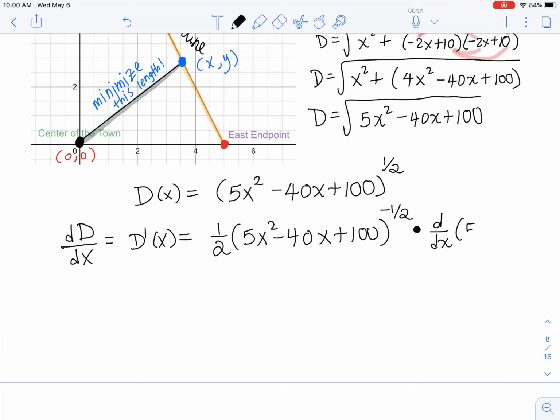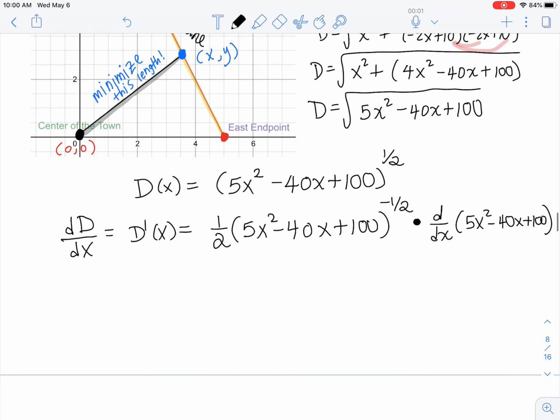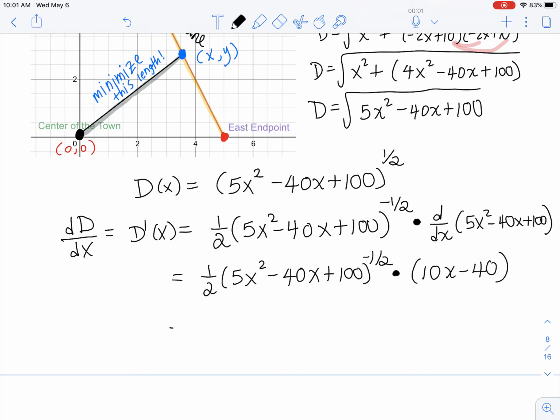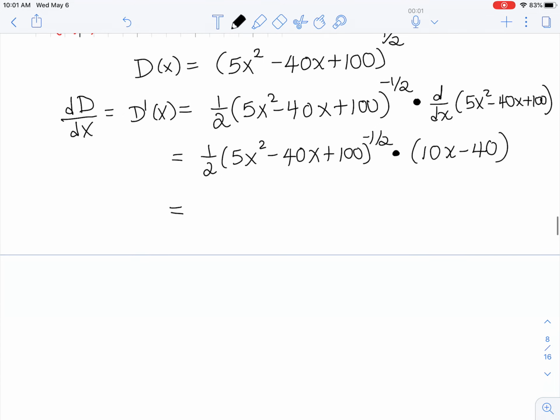We need to multiply this by the derivative of the inside part. And I know you can do that in your head. And I'm just going to go ahead and write down my plan. My plan is to multiply this by the derivative of the inside part. So let me just copy down this. And then the derivative of the inside part is 10x minus 40, right?